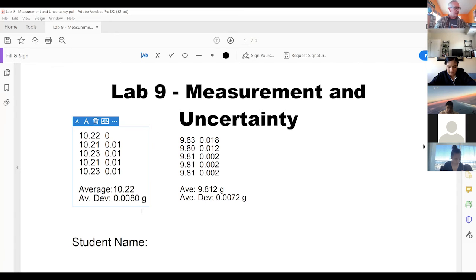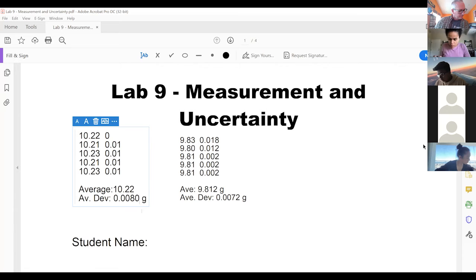All right, now I'm going to measure the mass of my 10 mil cylinder. For the high and low intervals, it's based on the millimeters on the flask, right?